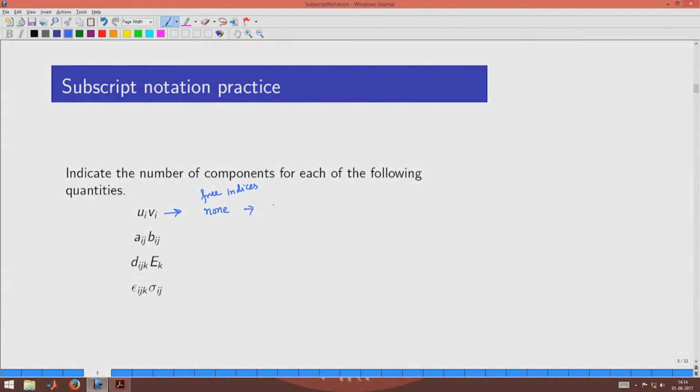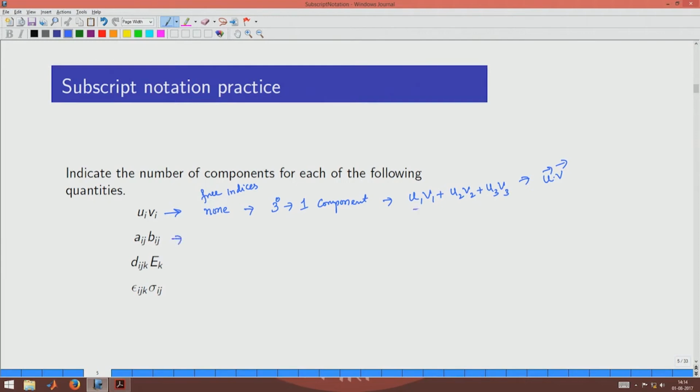So it implies 3 to the power of 0, there is only one component here. And what is that component? It is nothing but u1 v1 plus u2 v2 plus u3 v3. You might already be familiar, this is nothing but the dot product of two vectors u and v, and that is just one number that you get.